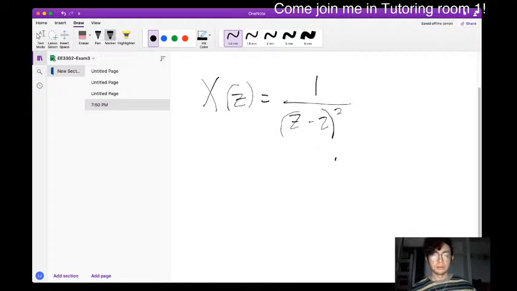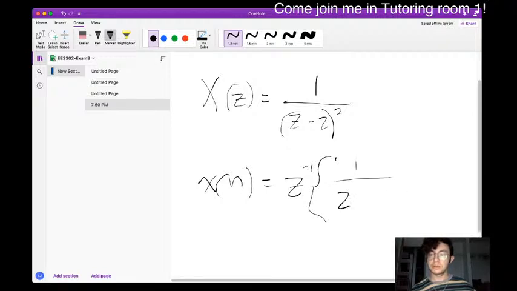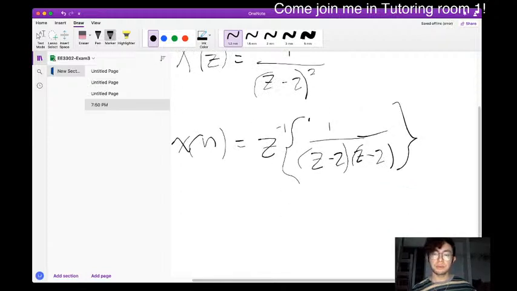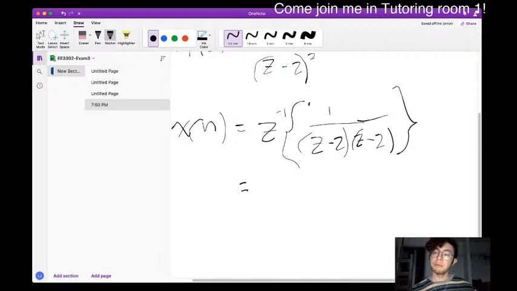Let's get x of n is equal to z inverse of 1 over z minus 2 times 1 over z minus 2. Let's go ahead and write that. And remember, if we multiply a signal in the frequency domain, then this comes out to a convolution in our time domain, so this is a convolution property.